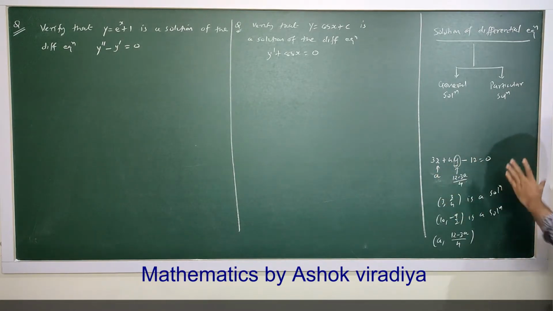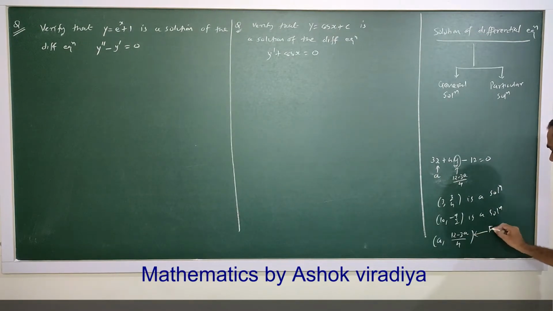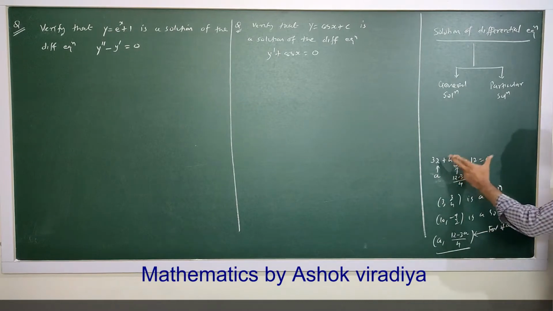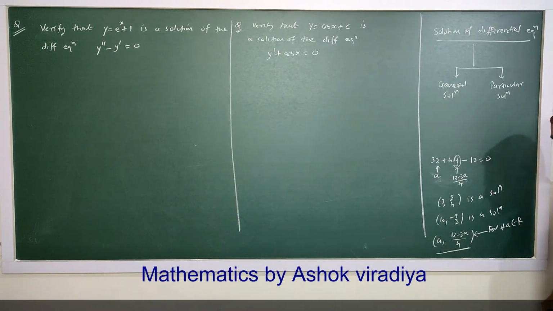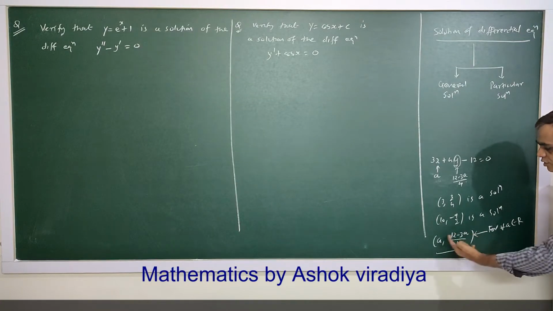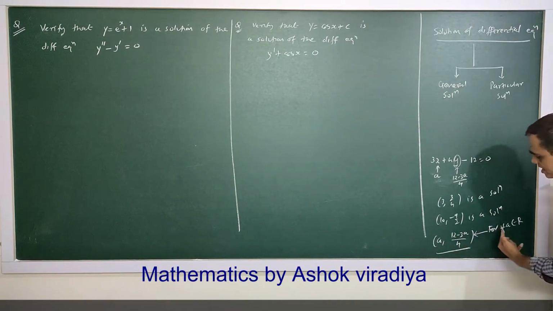LHS equal to RHS. It will satisfy this equation for every a belonging to R. If you take a as 3, this will be 3 by 4. If you put 10 here, this will be minus 9 by 2. Change a, and automatically this will change. A is any real.